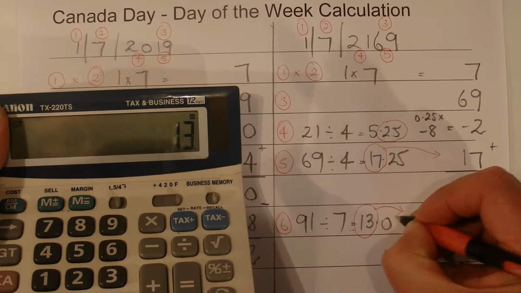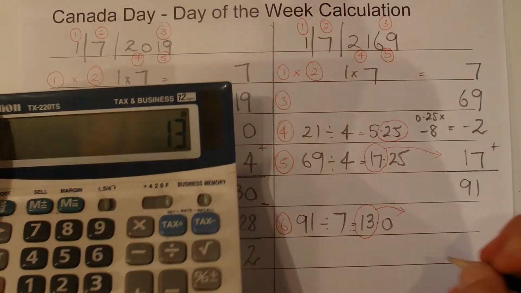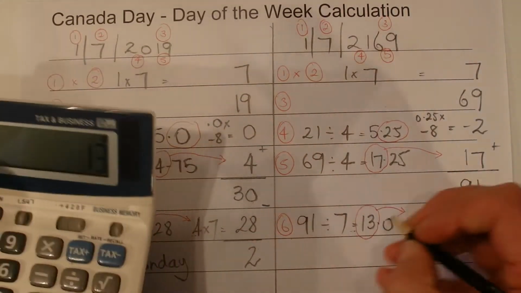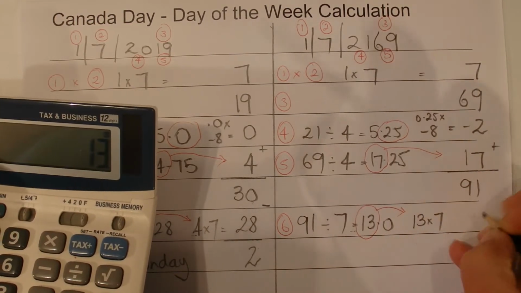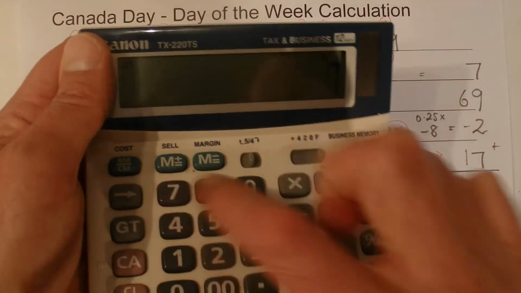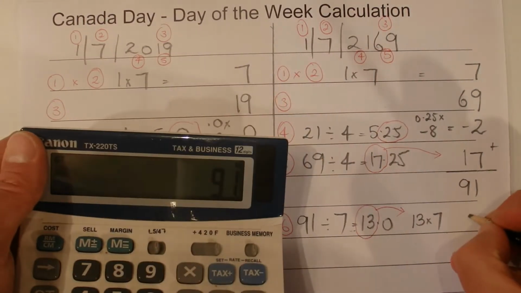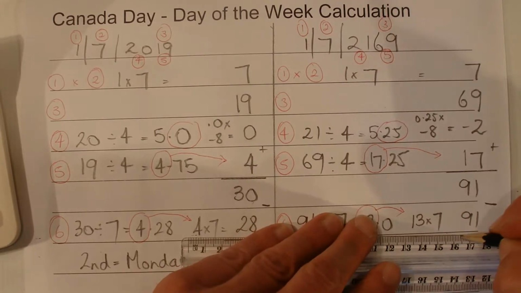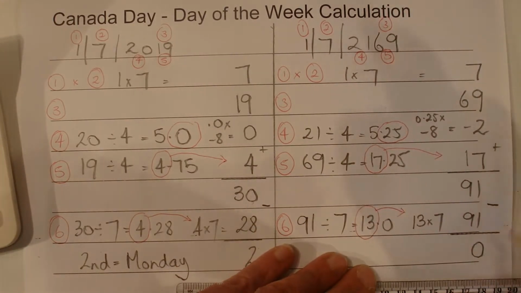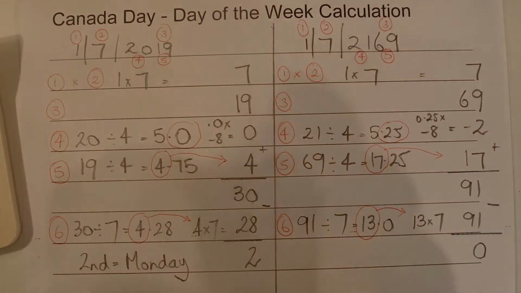Following along from our format on the other side, we get 13, forget about the 0.0, and multiply that by 7, and obviously 13 times 7 gives you 91. In this case 91 minus 91 equals 0, so there's no remainder.